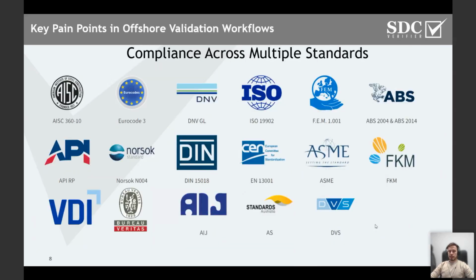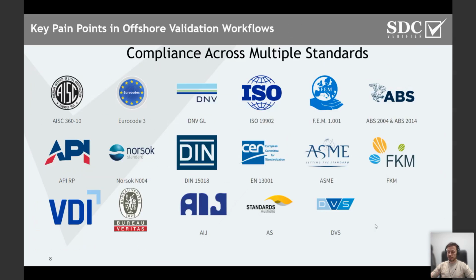Then we have our standards. As I mentioned, all the structures which we analyze have some requirements which should be met, depending also on the country, the type of the standard, and the industry, there are different standards.